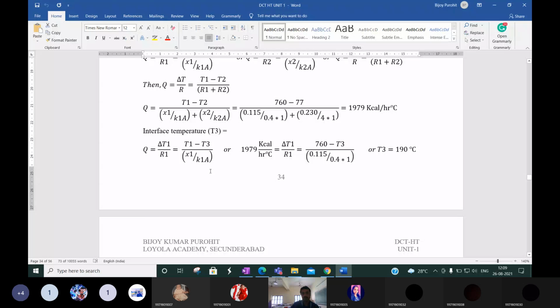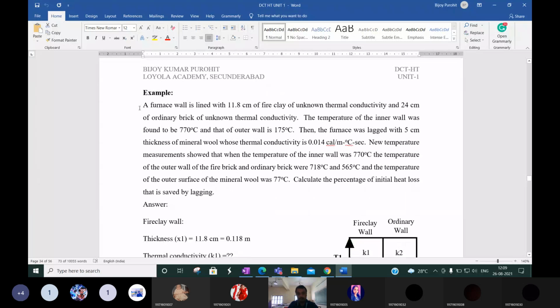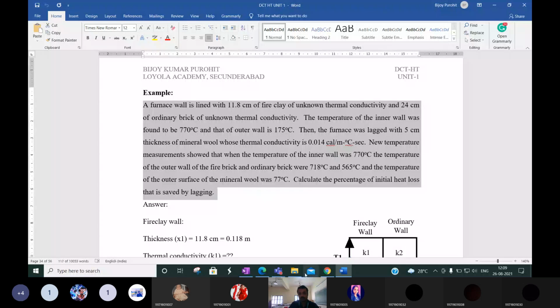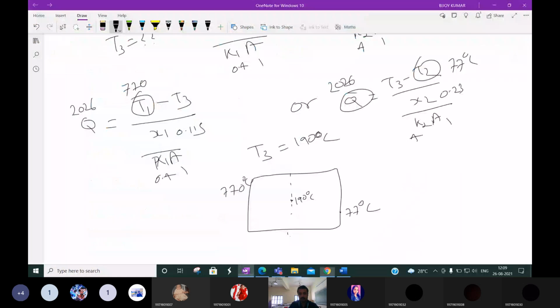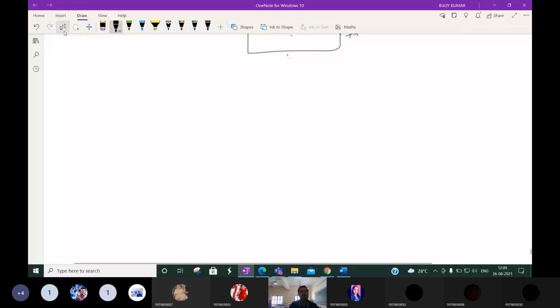Let us solve the next problem. This problem is a little bit lengthy. Please focus, because only lengthy problems like this will be asked in the examination.